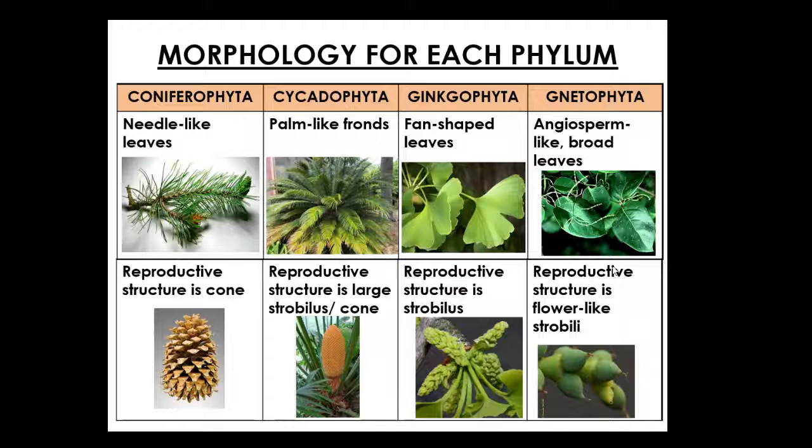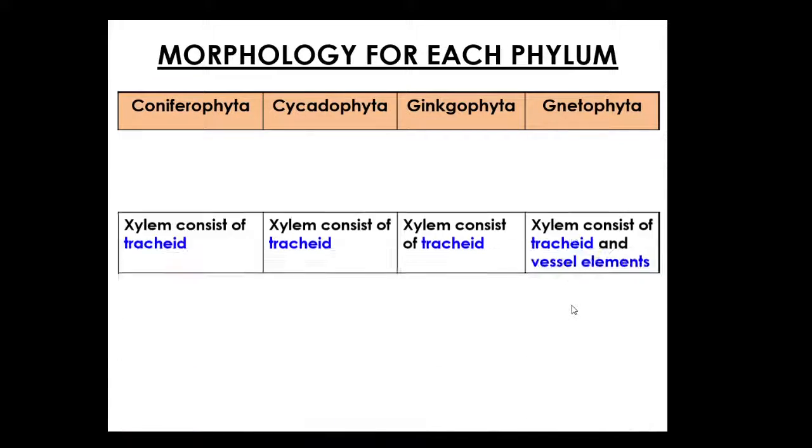And the reproductive structure in gnetophytes is a flower-like strobili. So this is a strobilus too, but its shape looks a bit odd, looks a bit like it has flowers. So this is the morphology for each phylum. Conifers is cone. Cycads is large strobilus, also called cone. Gingophyta is strobilus. Gnetophyta is strobilus, but flower-like strobilus.